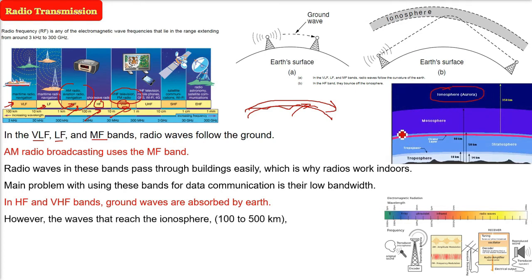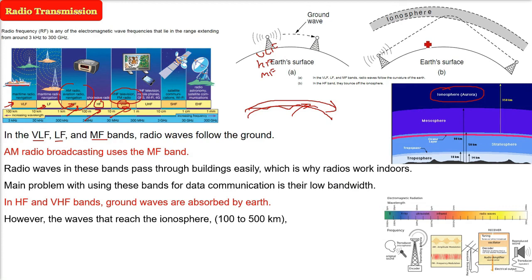The ionosphere is around 100 to 500 kilometers up. That is a layer of our earth's atmosphere, where there are free ions. When the wave goes there, there is a physical phenomenon called refraction, so some of the rays are refracted back. The ionosphere plays a very important role in this.